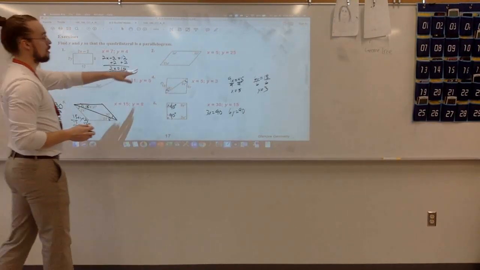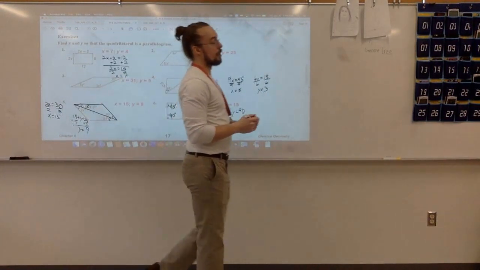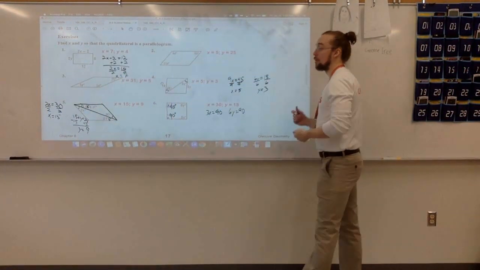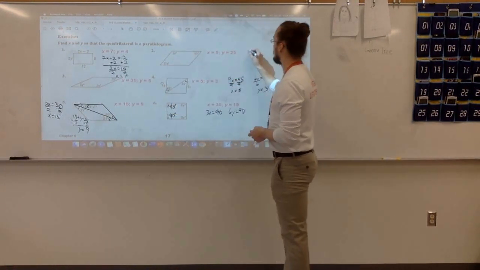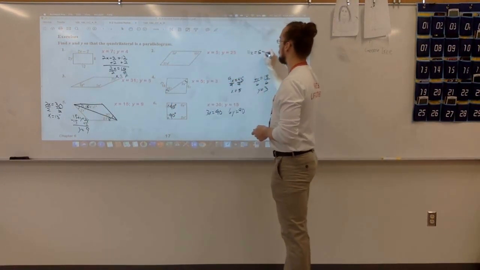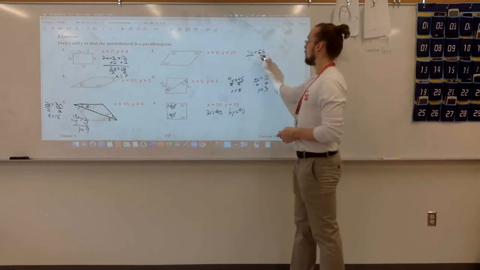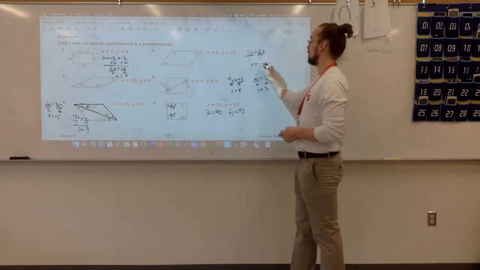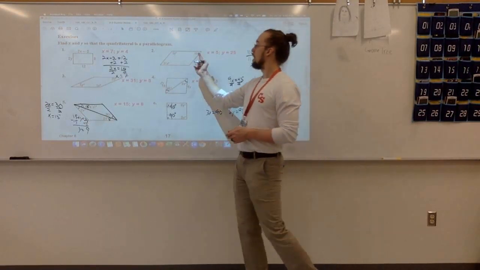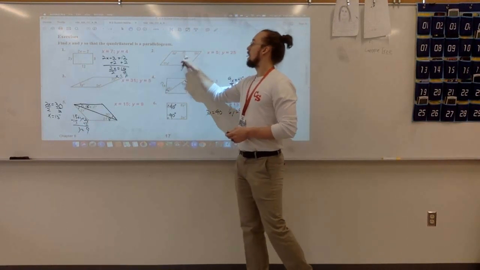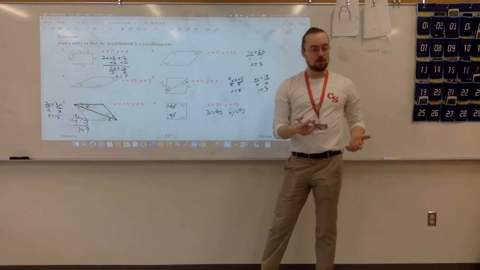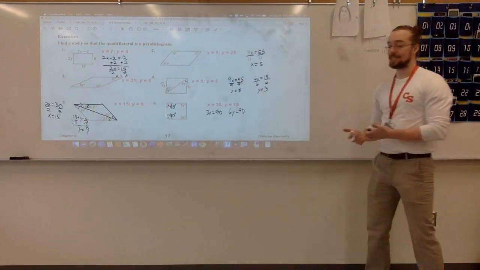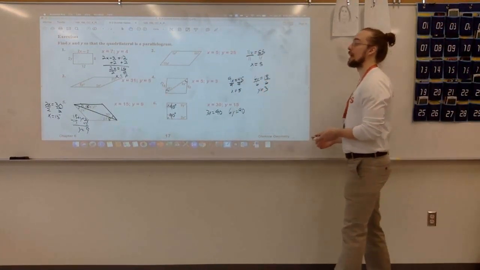Number 2. On this one, I know that opposite angles are equal to each other. So to solve for x, I can say 11x equals 55. Divide by 11, get x equals 5. Then to solve for y, these two angles would not be equal to each other since they're right next to each other. They're consecutive angles. That means they would add to 180.